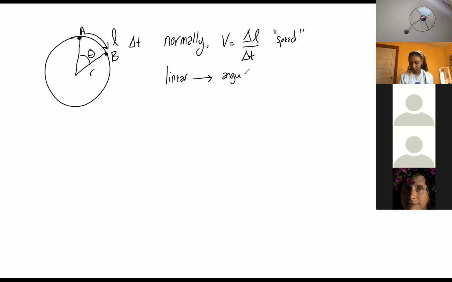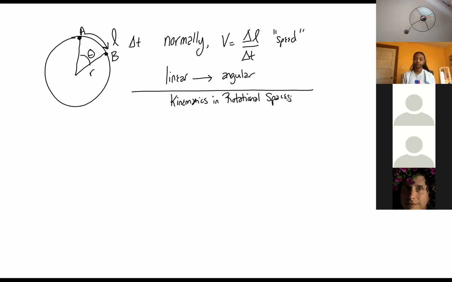And for this, we're going to develop a whole set of new equations based on a set of new variables. So that's what we're doing today, is looking at kinematics in rotational space or angular space.